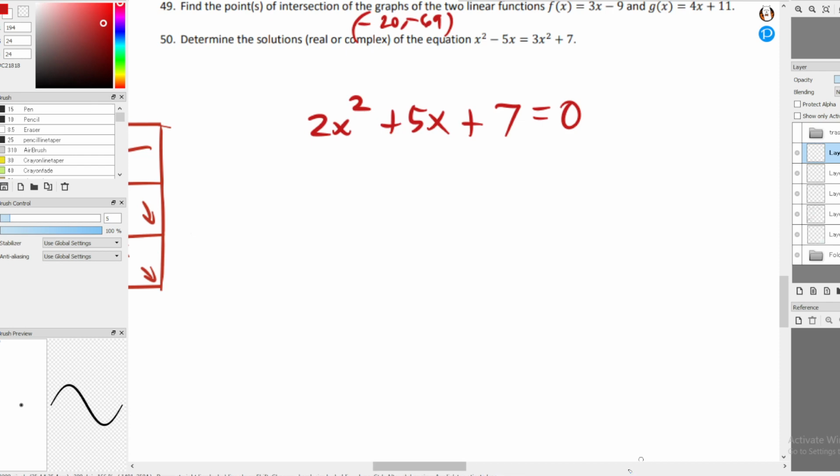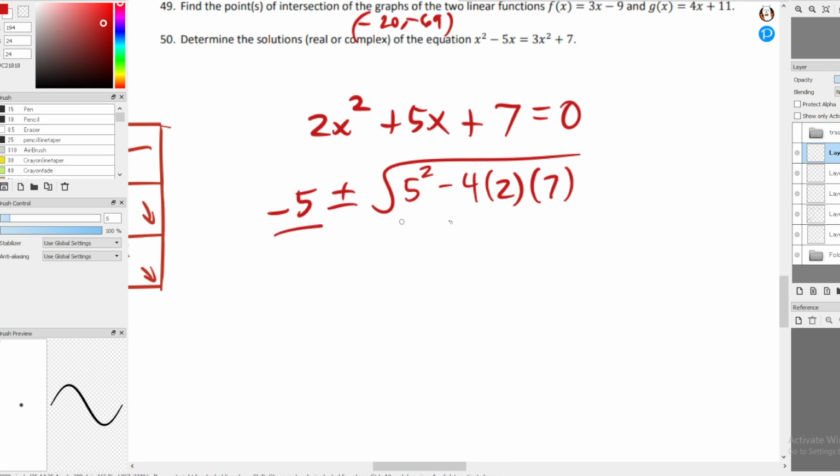I like doing the completing the square, but actually in this one I'm going to do quadratic formula because I don't want to deal with any fractions here. So I'm going to say negative b, which is -5, plus or minus the square root of b squared, so 5 squared, minus 4 times a, which is 2, times c, which is 7, all over 2a, so 2 times 2.